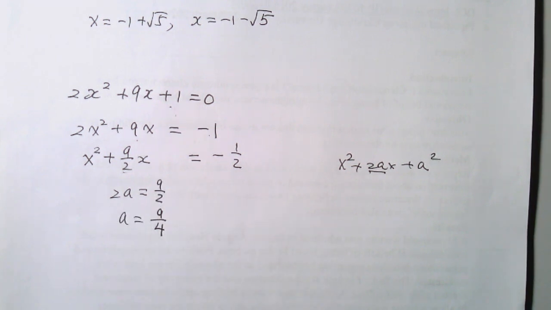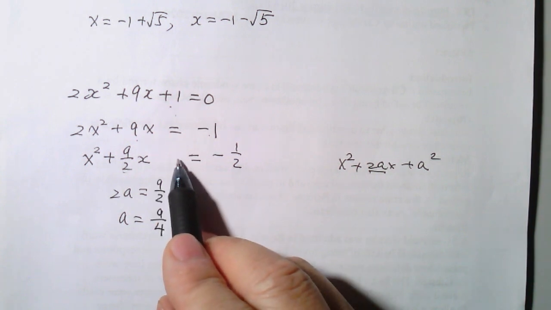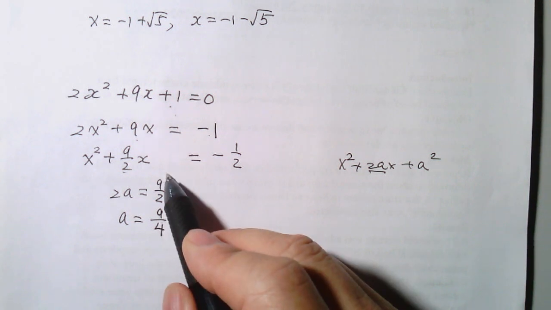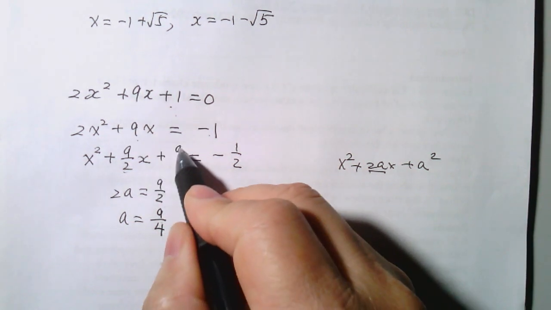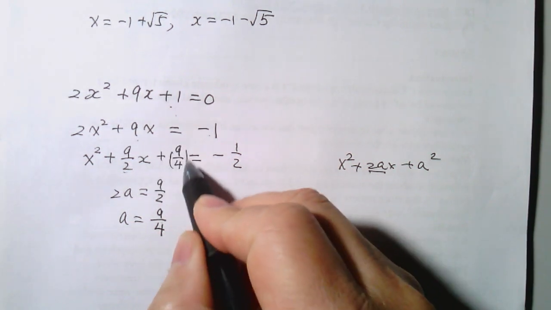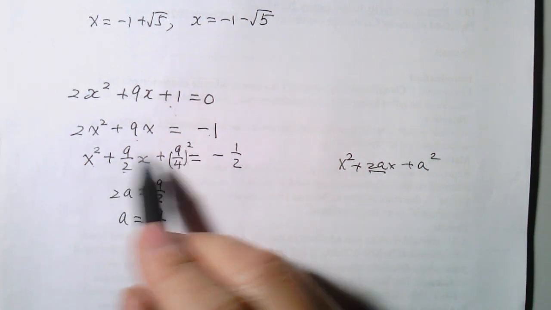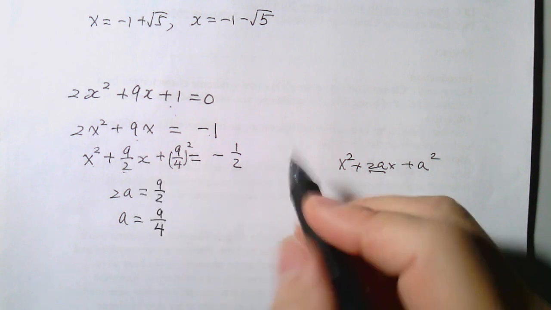Okay, 9/4. So now, remember you need to add a squared to get a perfect square. So that means I need to add 9/4 squared to get a perfect square. You need to add to both sides.